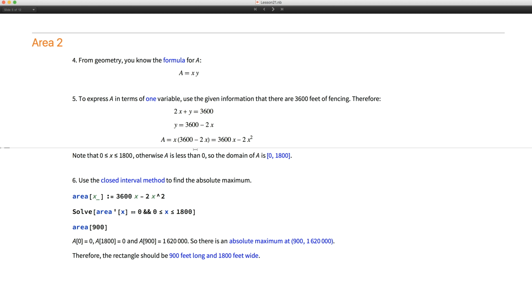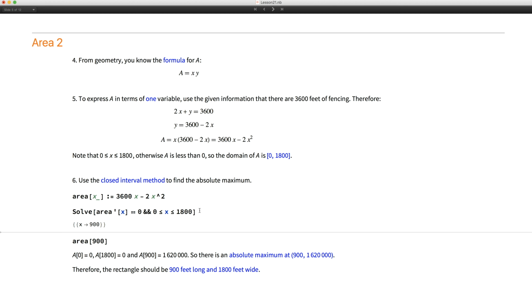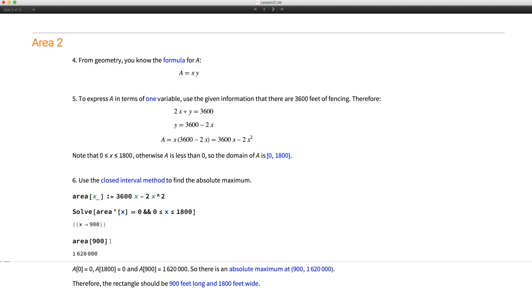Now, the point is that you cannot have the value of x exceeding 1800, because otherwise the area would be less than 0, because that factor will become negative. So the domain of the function is from 0 to 1800. And then finally, let's use the closed interval method, like I'm doing over here, to find the critical point, and then here is the area at that value of x.